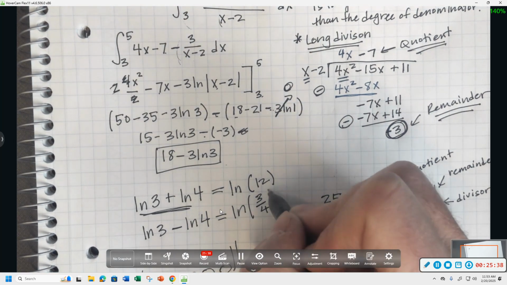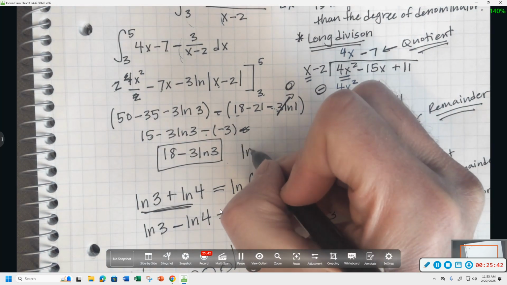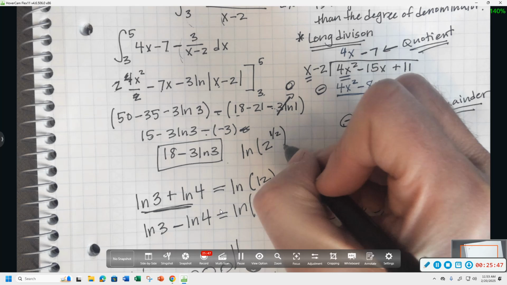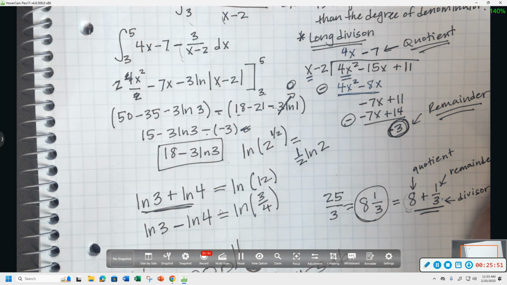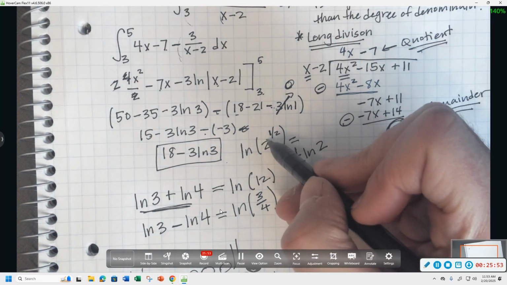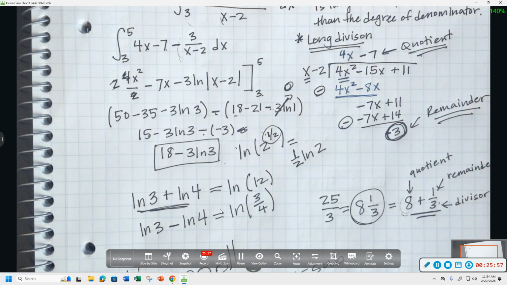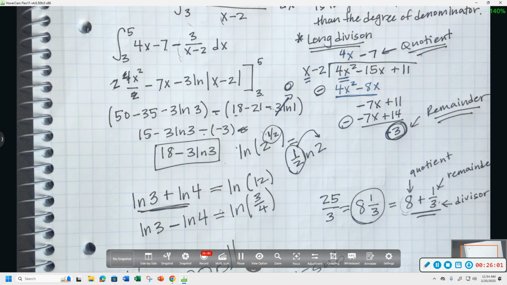Natural log 3/4. If I have natural log of 2 raised to the 1/2 power, that's the same as 1/2 natural log of 2. If there's an exponent inside my log, I can pull it outside. If there's a number outside my log, I can pull it in as an exponent.